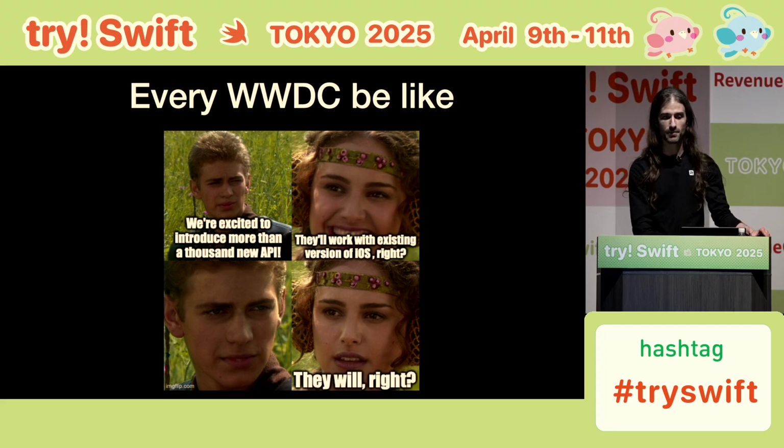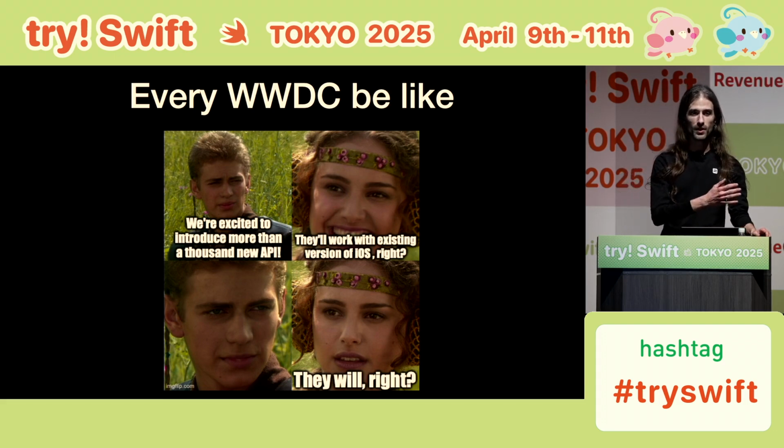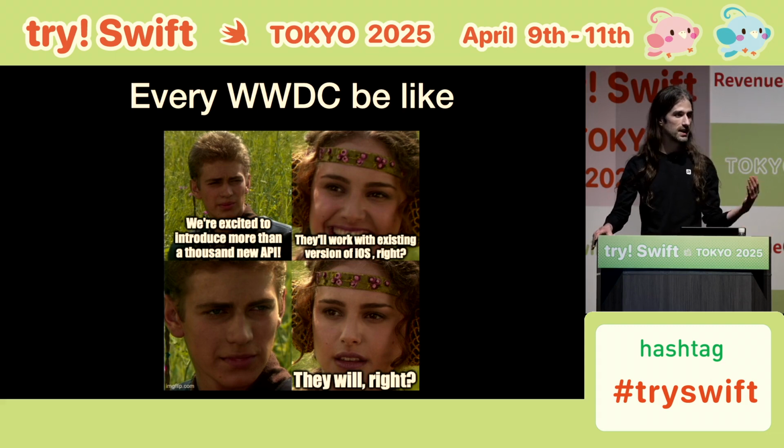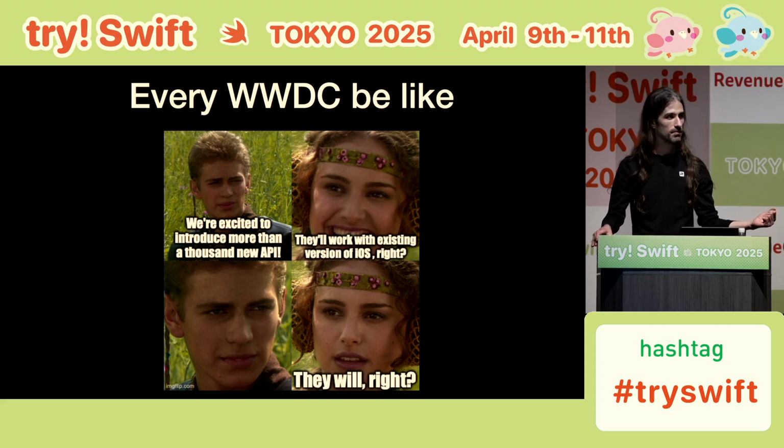And basically what happens is that all of the really big changes like async await, the new observable pattern, they're so big that eventually people start to use them. But all of the smaller APIs, they never really get that momentum. And even though they can be super useful, they tend to become overlooked.